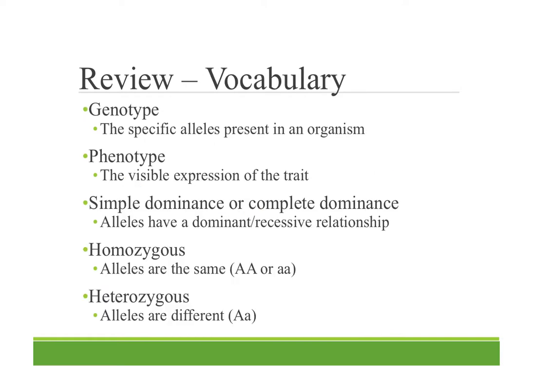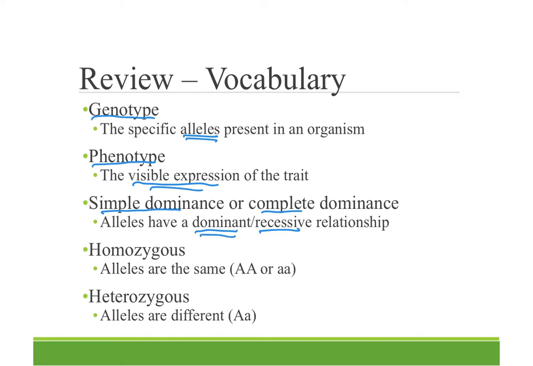I also want to do a quick vocabulary review before we jump into the actual problems. Remember, a genotype is the specific alleles present in the organism. What is the gene present? The phenotype is what we actually can see, the visible expression of that trait. The relationship between alleles when it is one of simple dominance, or it's also called complete dominance, is that the alleles have a dominant and recessive relationship.